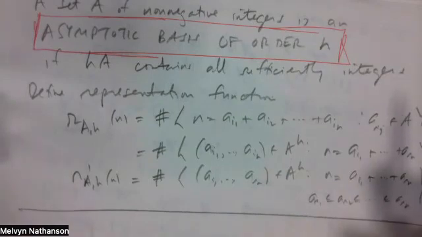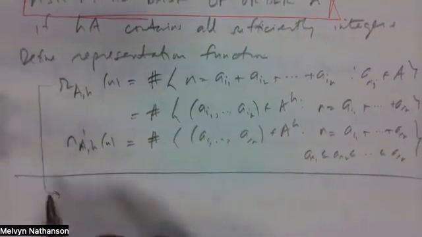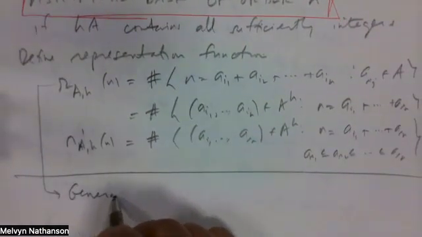Okay. So in the case of this first representation function, there's a very simple generating function you can write down for it.